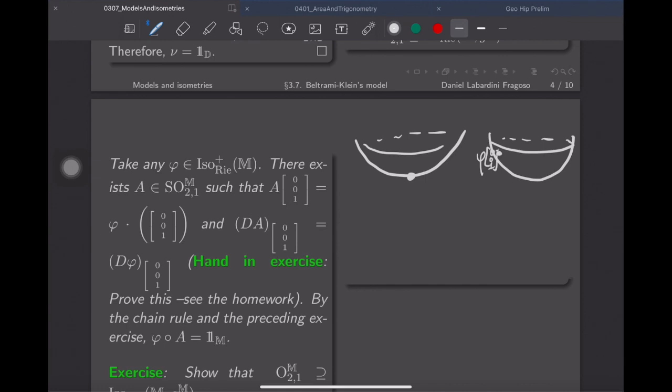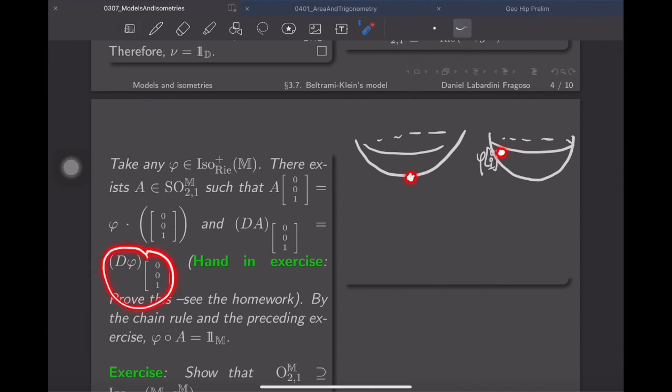And for this point, you can consider all the matrices in SO(2,1), I mean in the restricted Lorentz group, that take this point to this point. There definitely are, and there are many. And among those, I don't know if exactly one, but there exists one that has also the same derivative.